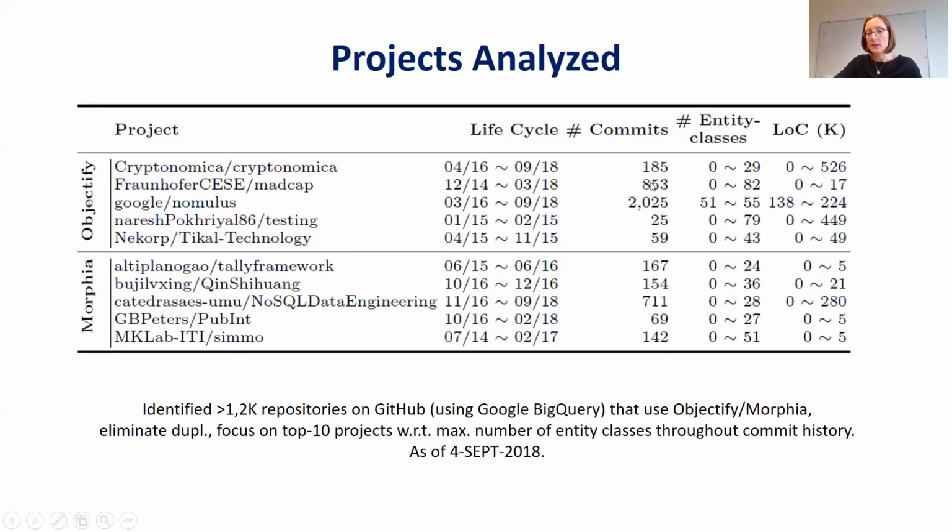Some have many commits, some have just a few commits, some have a small schema with just about 30 entity classes, others go up to about 80, and also the lines of code vary. But considering the schema, they were the largest schemas, and then we posed some research questions on this data.